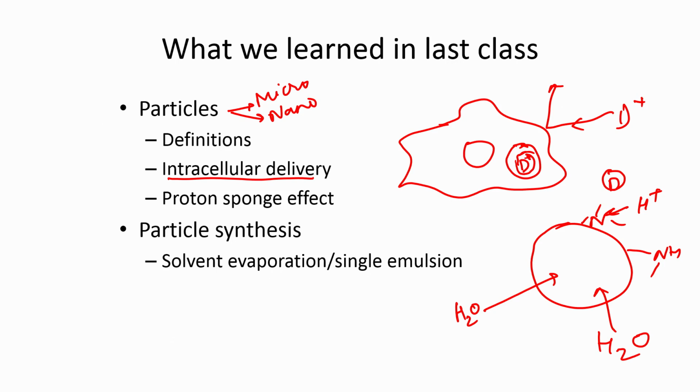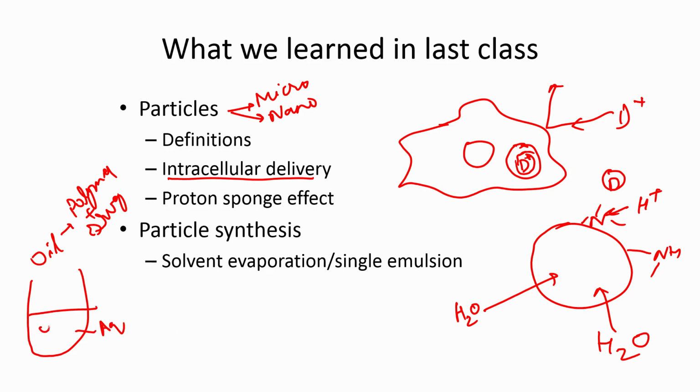Essentially, you have your polymer dissolved in some oil phase, which contains your polymer plus drug, and then you add that to an aqueous phase and give some energy that results in an emulsion being formed, which is essentially the separation of this oil from the aqueous phase.